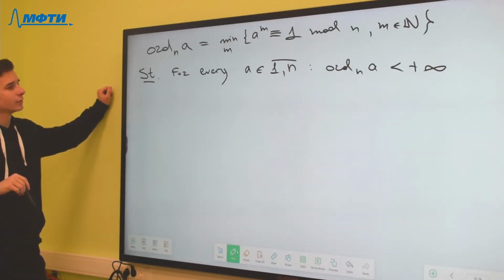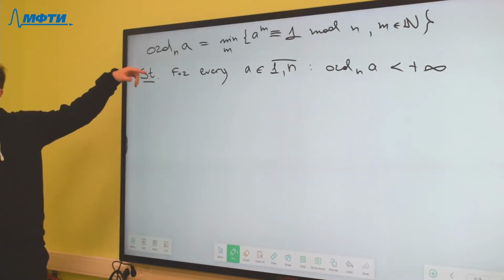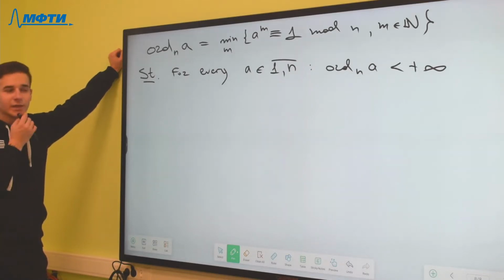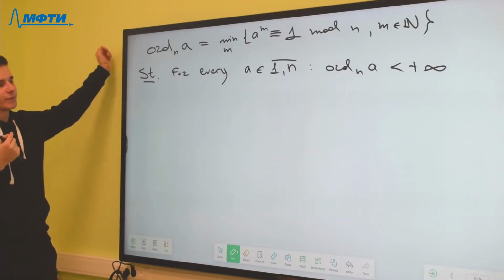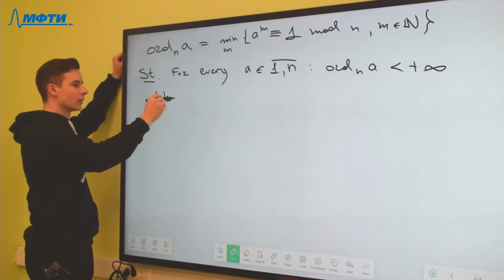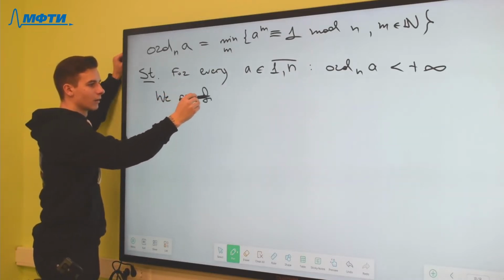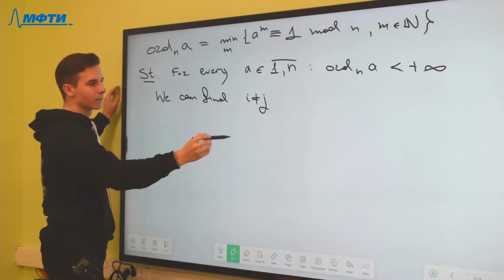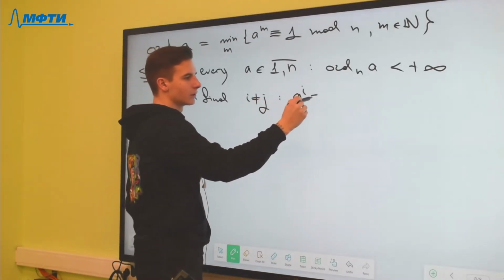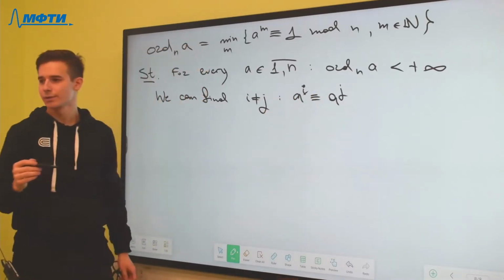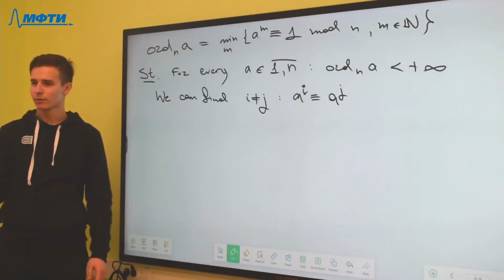Do you know how to prove it? For example, Dirichlet principle. Do you know what is it? We have only finite number between 1 and n, so we can find two different i and j such that a to the power i is equal to a to the power j.